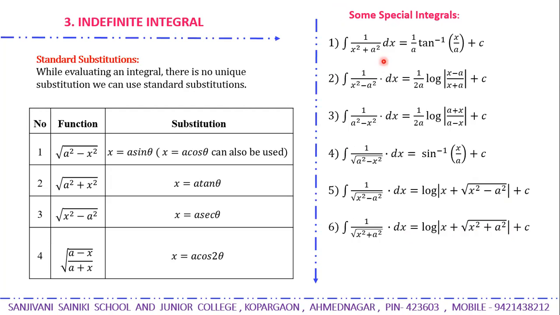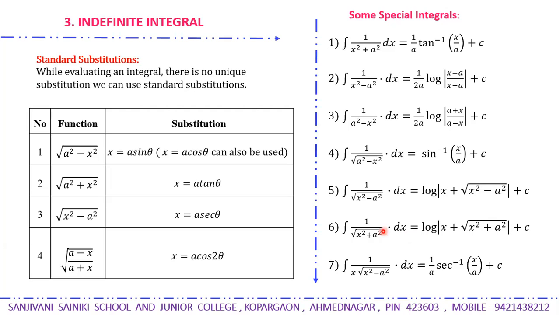So these are the 6 very important formulae. They will cover approximately 50% of the integrals. From the exam point of view, the proof of one of these 6 may be asked for 4 marks or 3 marks.